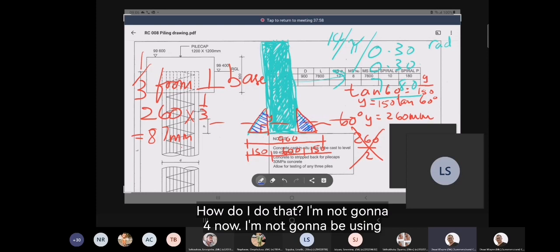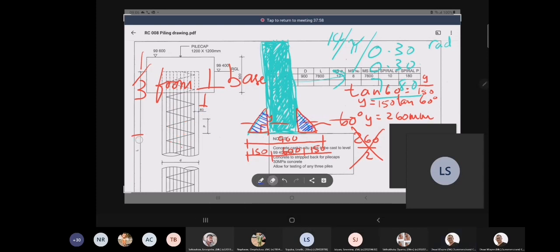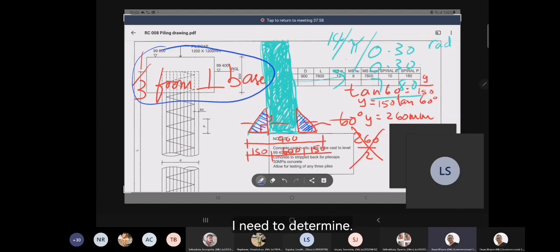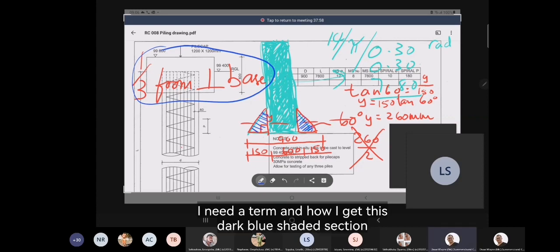For now, I'm not going to be using that, but I'll keep that there. Remember, I need to determine how I get this dark blue shaded section measured.